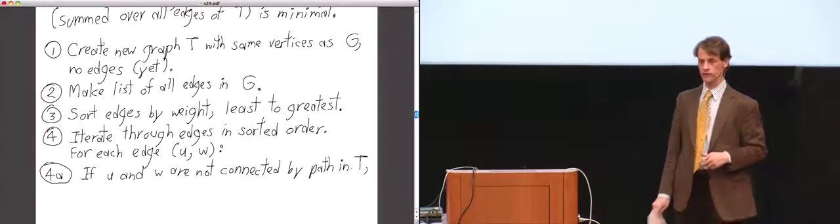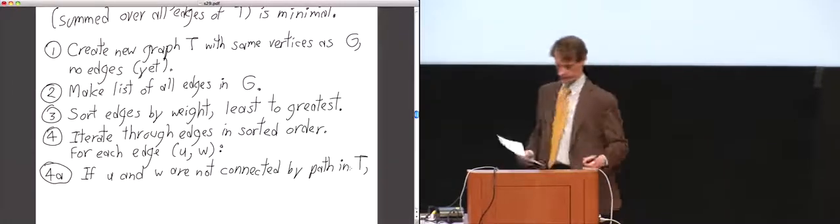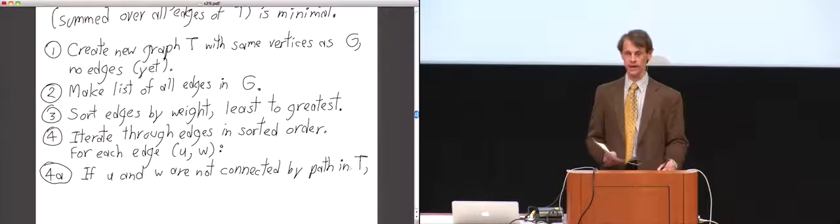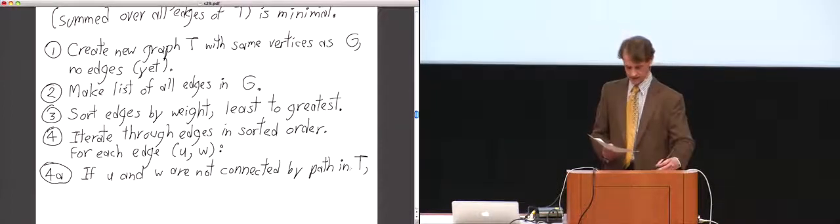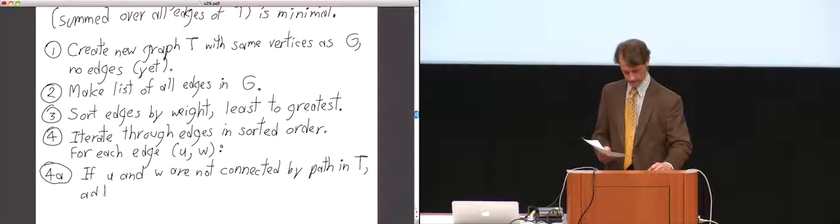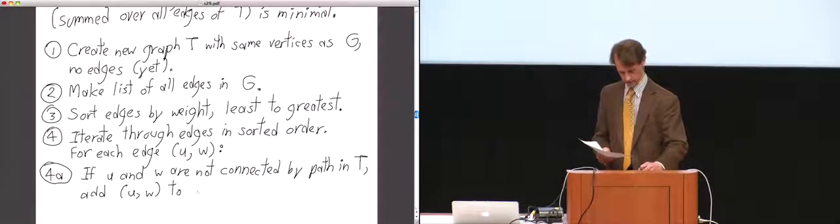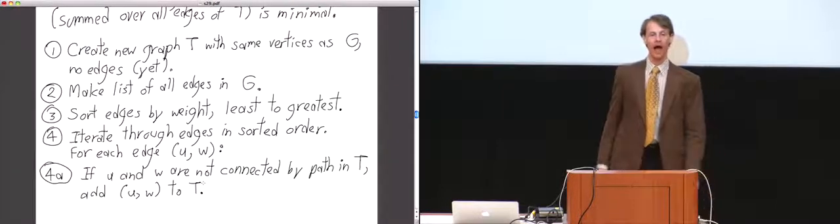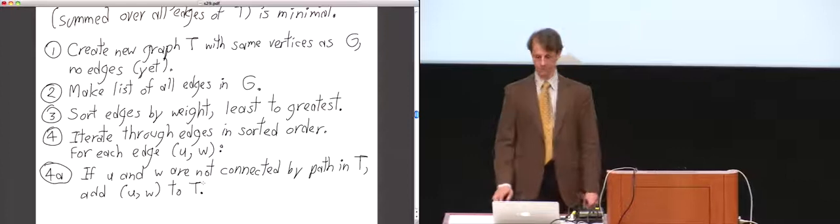I don't want to have a loop, I want to have a tree. But if they're not connected yet, then this is the best way to connect it because it's the least edge that will bring them together. So then we add that edge if they're not already connected. That's it. That's Kruskal's algorithm.